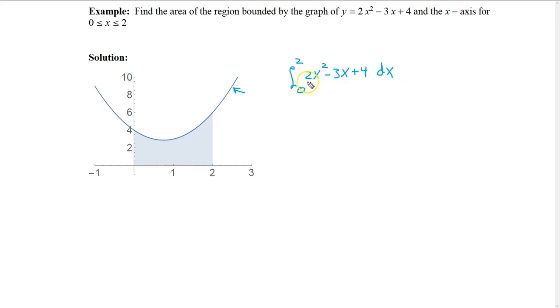Now what we need to do is find an antiderivative for this function, evaluating each piece individually and adding or subtracting. The antiderivative of 2x squared is going to be 2/3 x cubed. The antiderivative of 3x is going to be 3/2 x squared.